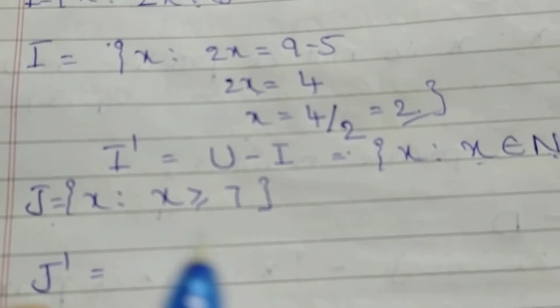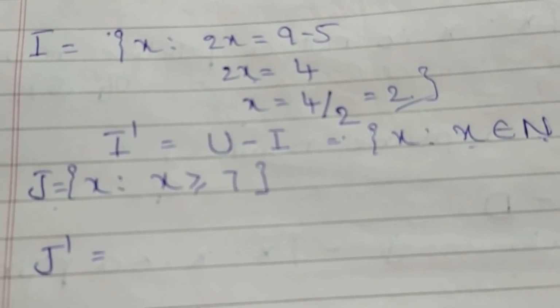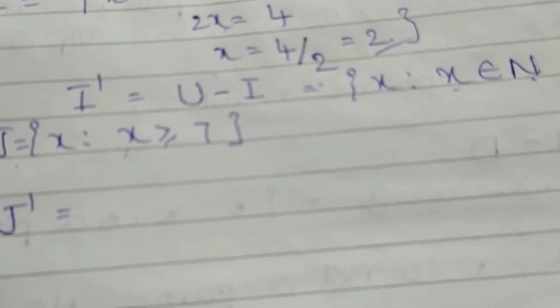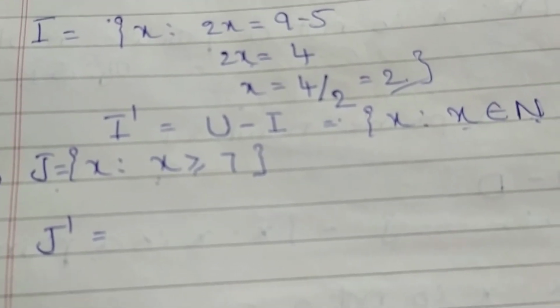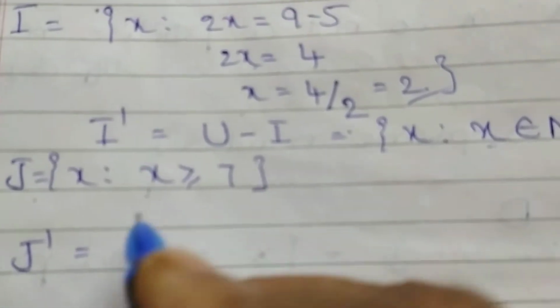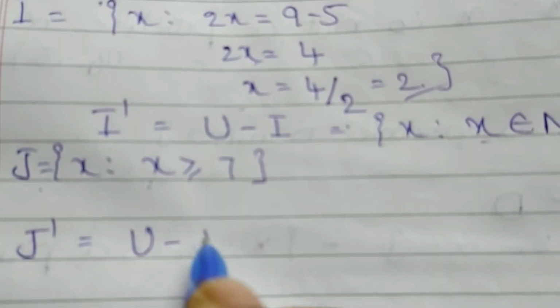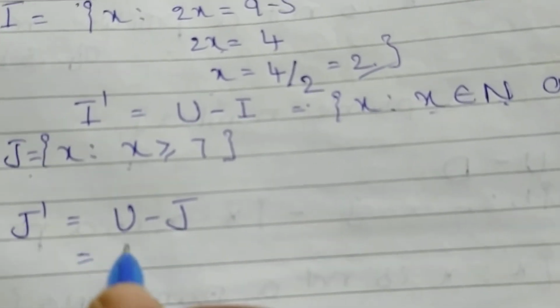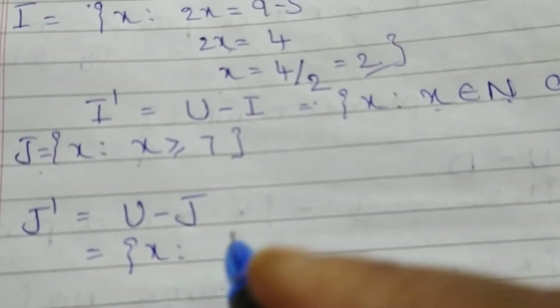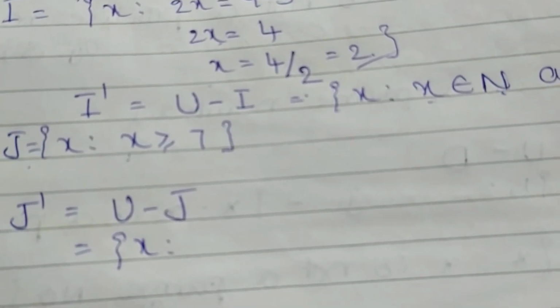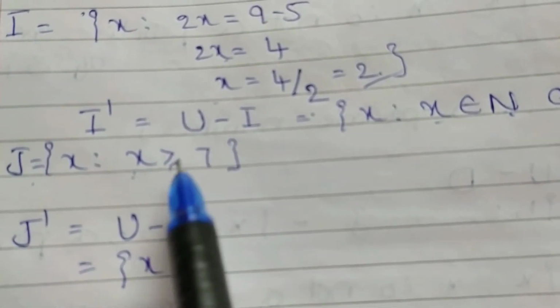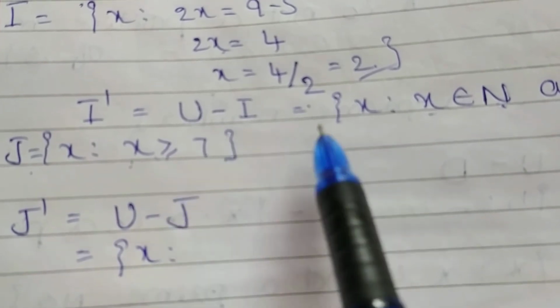So J is that set containing 7 or more than 7. J complement means universal set minus J. So I will be getting x such that..., J is the set such that it is 7 or more than 7.